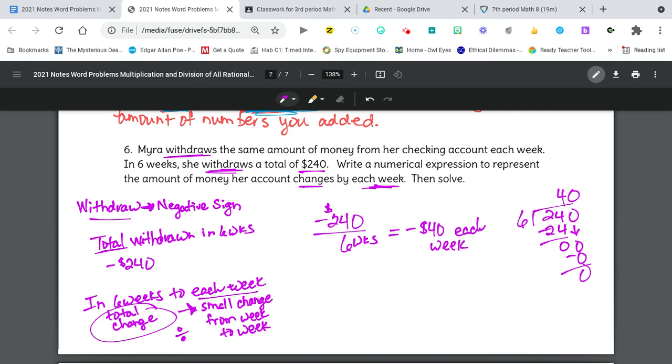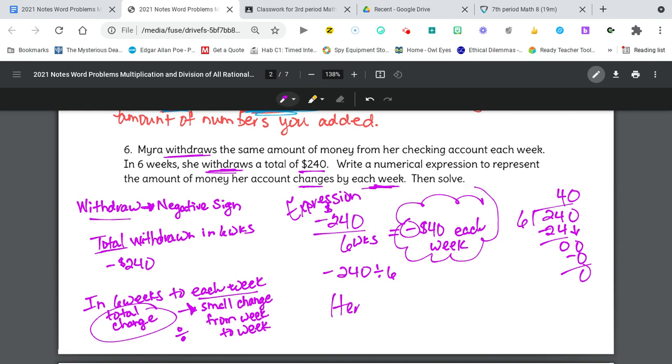Now, if you write it in words, you don't have to put the negative. But if you write it as a number, and this is going to be your expression, guys, you could have also written that expression like this. Okay. But now, if you write it in words, you got to use a word to indicate the negative.